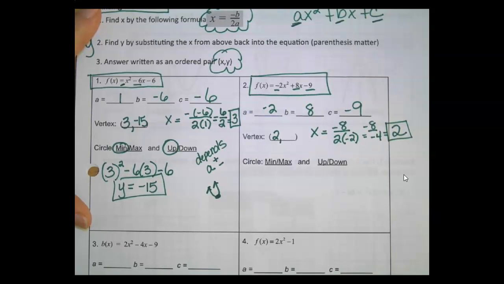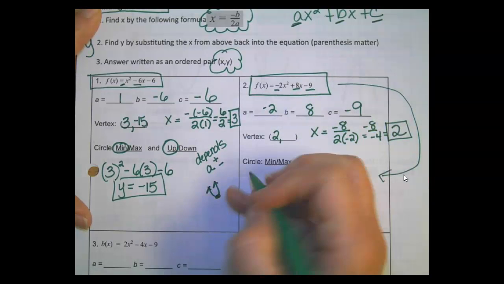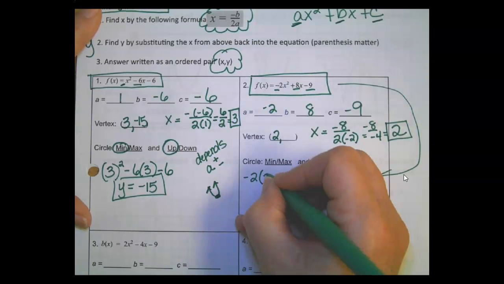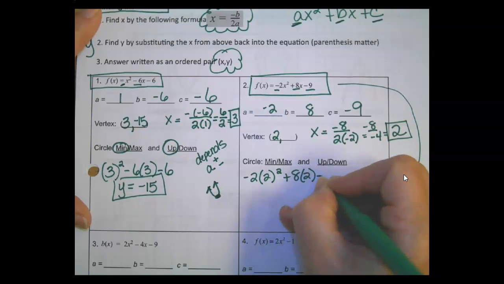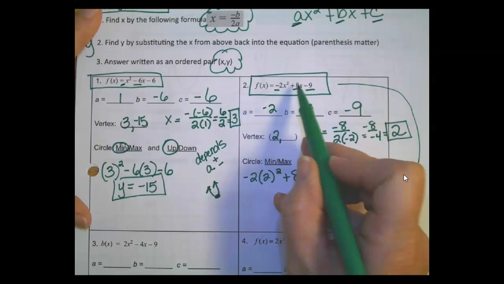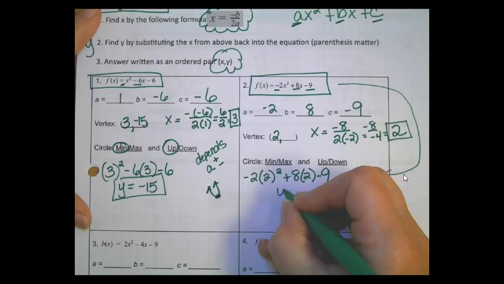To find my y, I'm going to substitute this 2 back into this equation. So negative 2, x is going to be 2 squared plus 8 times 2 minus 9. Again, from substituting this value up here back into this equation to get my y.